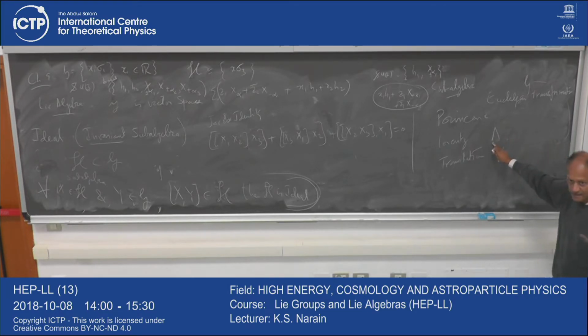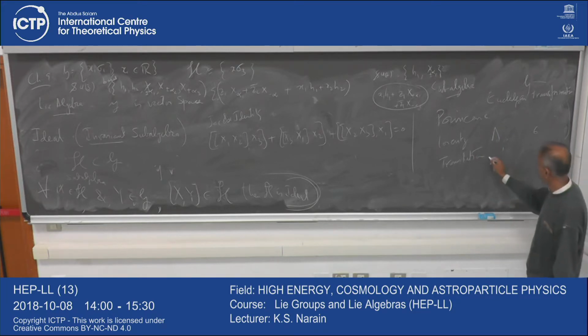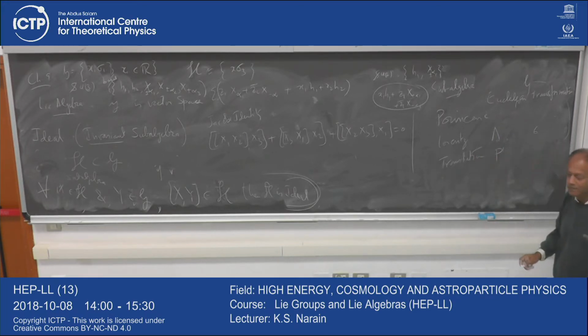There are of course many generators; altogether there are 6 of them, but let me just call them lambda. And translations I will call P mu. So this is lambda mu nu, anti-symmetric in mu nu, that's why there are 6. And P mu is the generator of translation, the momentum.